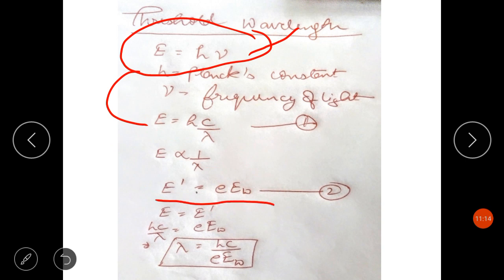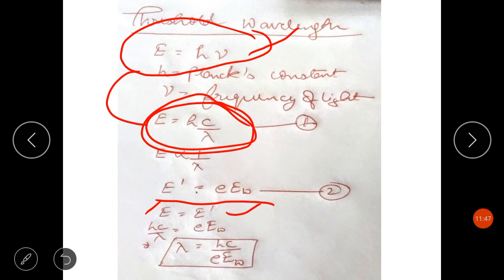It is the kinetic energy of emitted electrons. When the photon energy imparted to the electron becomes equal to the kinetic energy, or the energy required by the electron to be liberated, we get the threshold wavelength there.